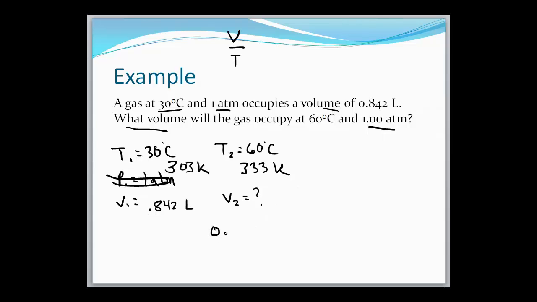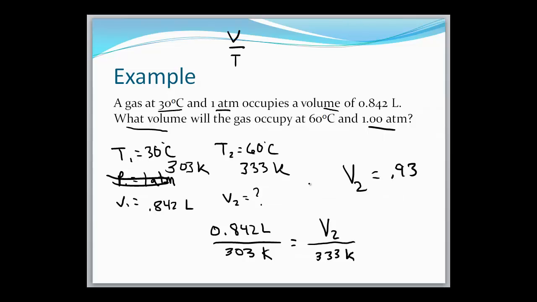V1, 0.842 liters over T1, 303 Kelvin, is equal to V2 over T2, and we're going to solve for V2. We get 0.93, and again, our unit for volume is liters.